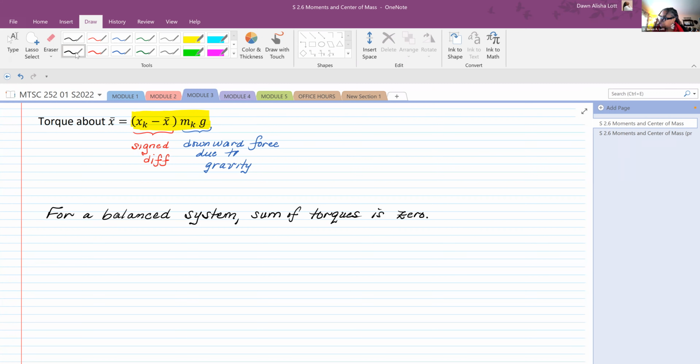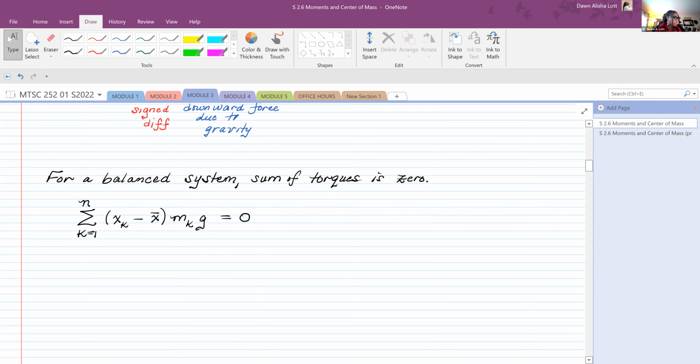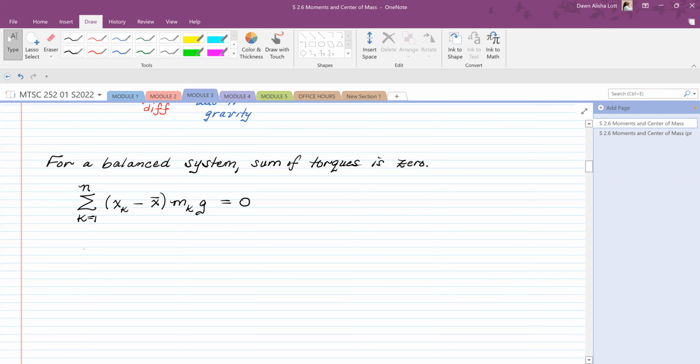So we have the sum, k equals 1 to n, however many we have, of xk minus X bar times mk times g, and set that equal to 0, because that's summing them all up. Now the first thing we can do is take g out. So g can come out as the sum k equals 1 to n of xk minus X bar times mk is equal to 0.